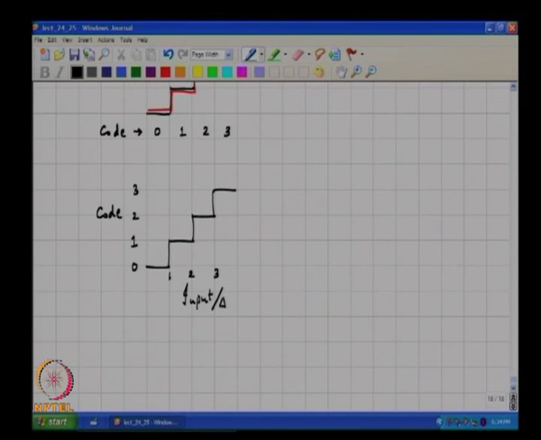Unfortunately, because of the way an A to D converter is implemented, the thresholds are different from the ideal values and are perhaps like this. So, the red one is the non-ideal one and the black one corresponds to the ideal characteristic.